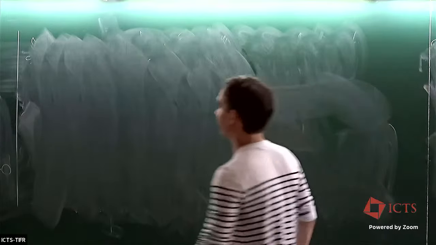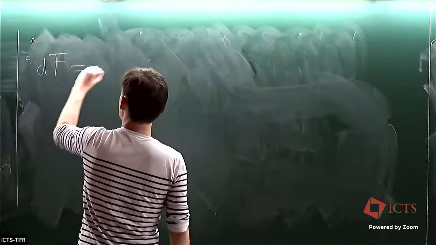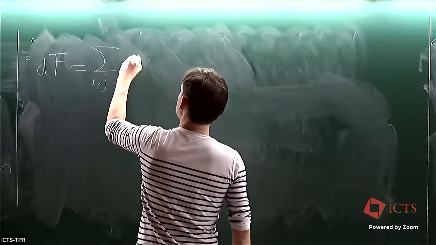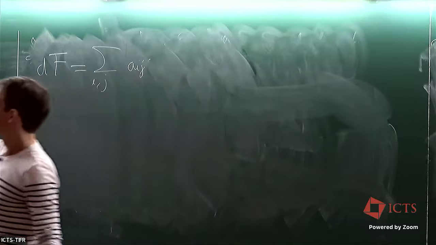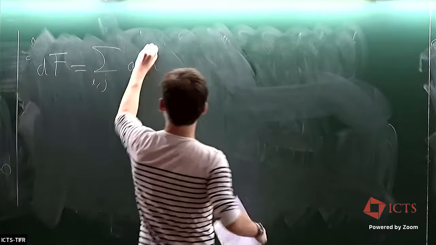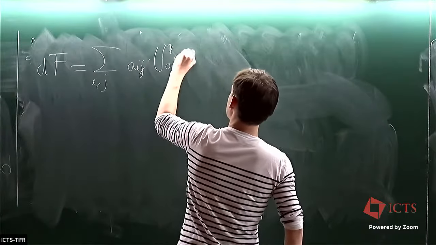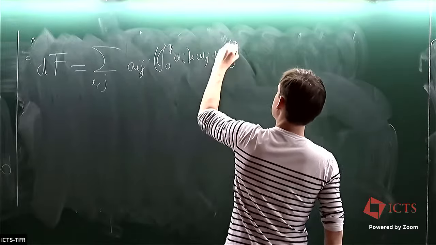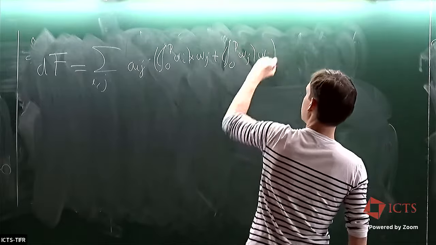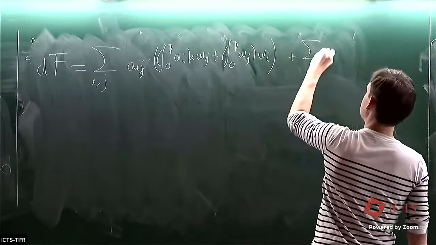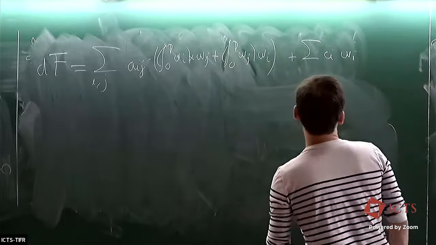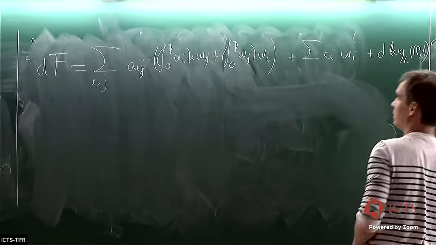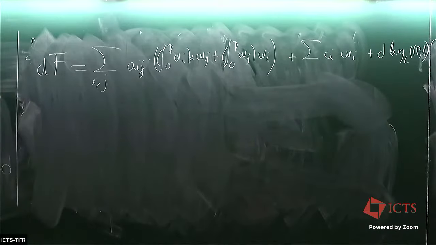So let's check. dF, what is it? I just compute what it should look like here: sum over ij of aij, and there I differentiate either side, so it gives me this integral times omega j plus the other integral times omega i. And the log is just for now a d log. Still for now it's not clear that it's non-zero, right?